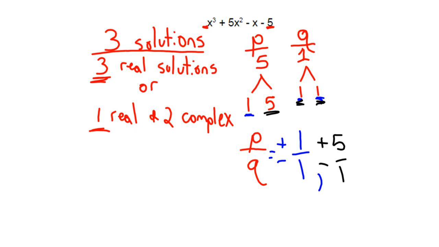It's interesting because it's such a complex theory with so much going on, but really all it does is limit down what your possible answers can be. It tells us that we have 3 solutions, we know that for a fact. Those solutions can be either 3 real solutions or 1 real solution and 2 complex solutions. So it narrows down what our answer should look like. It also tells us that we will have at least 1 real solution, and that real solution is either going to be positive 1, negative 1, positive 5, or negative 5.